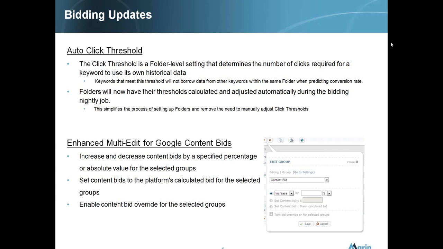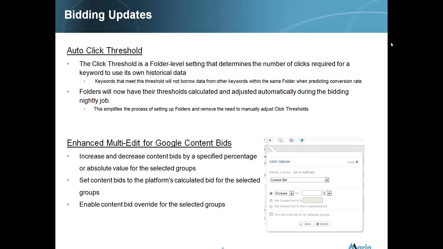For those of you who have set up bidding folders within Marin in the past, you may have heard of the click threshold, where we will determine how many clicks we want to use to determine whether a keyword can stand on its own historical data without borrowing data from other keywords within the same folder.